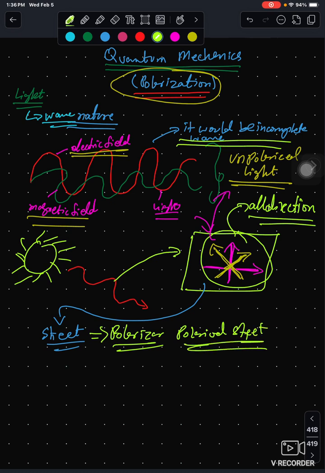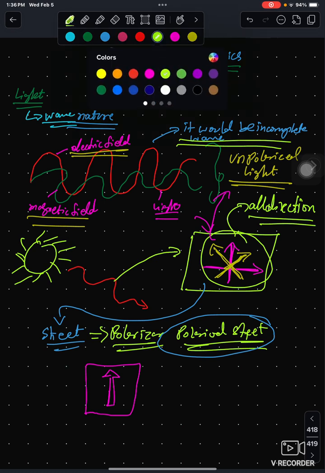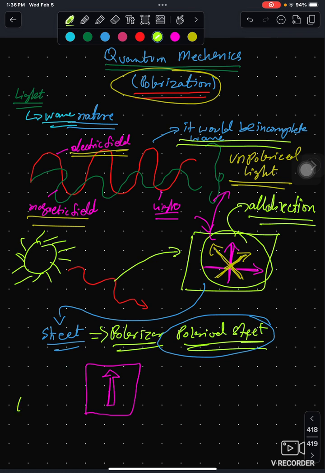What this sheet does is it has certain directions made on it, and when light passes through this polarizer, this is how the light will look as it passes.